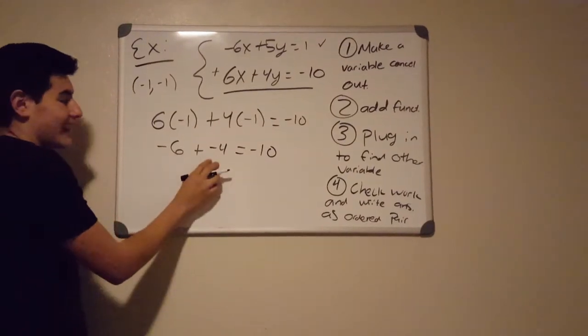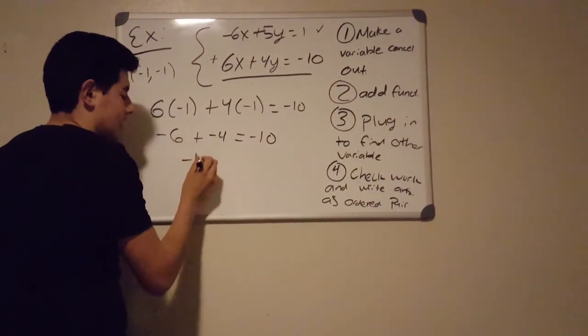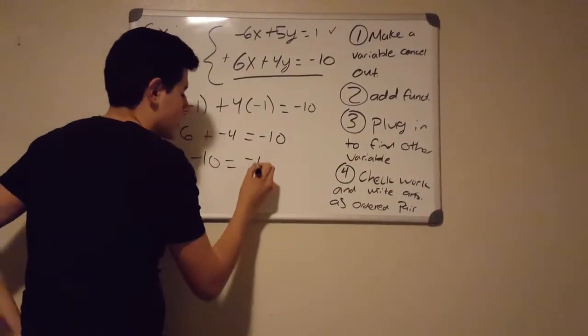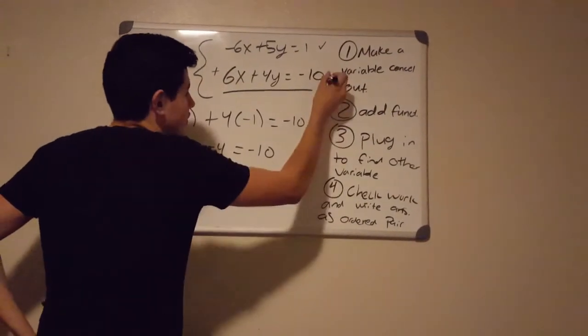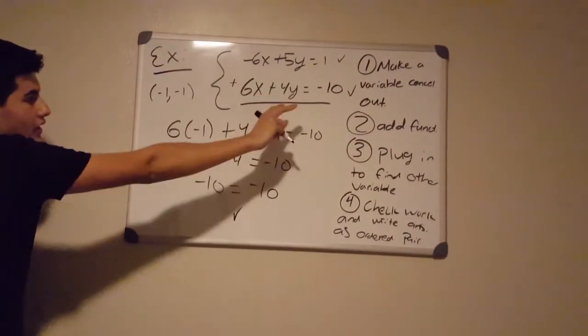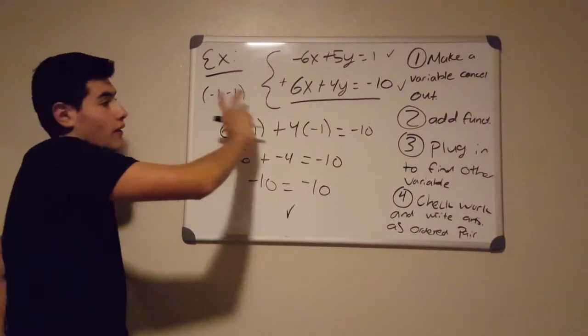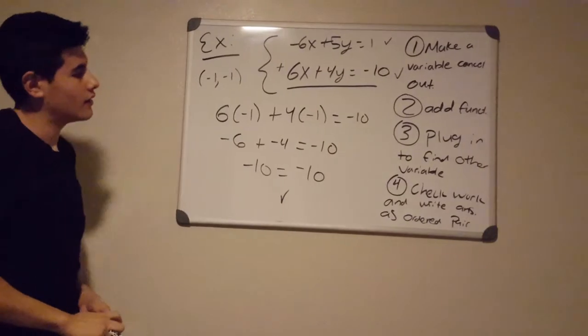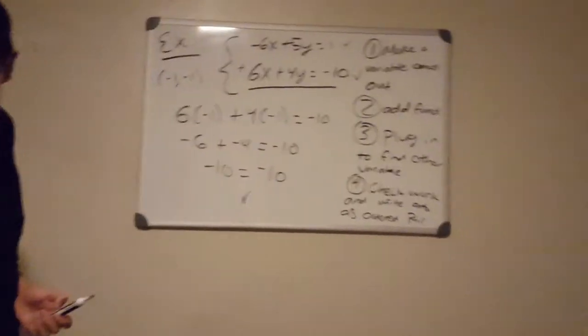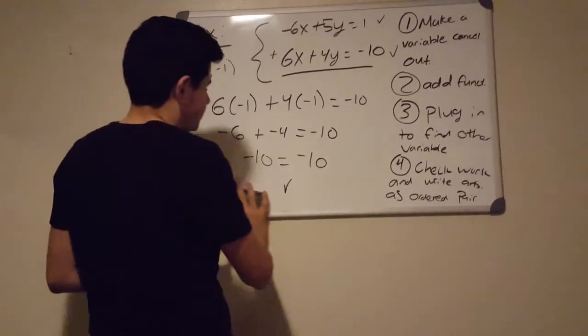Negative 6 plus negative 4 is in fact negative 10, which is equal to negative 10. This checks out. So our second function can also be proven with this point. So it is true. So there we go.